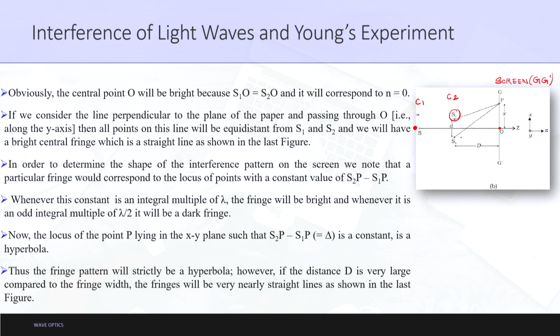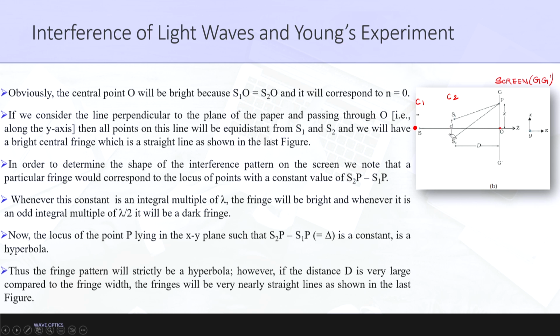These are again pinholes. The distance between these pinholes is denoted by small d. The distance from these sources, S1 and S2, to the screen is denoted by capital D, and any arbitrary point for which we need to find whether it has a dark fringe or a bright fringe is denoted by small x. This is the complete explanation of the figure drawn here. Let us move on to the discussion now.